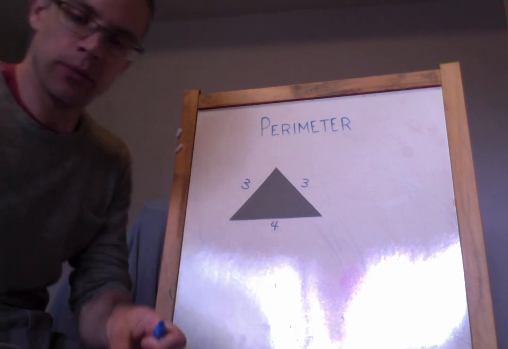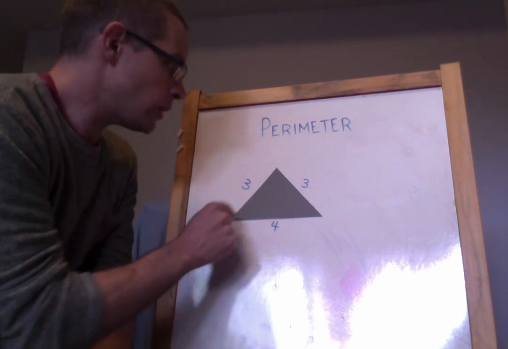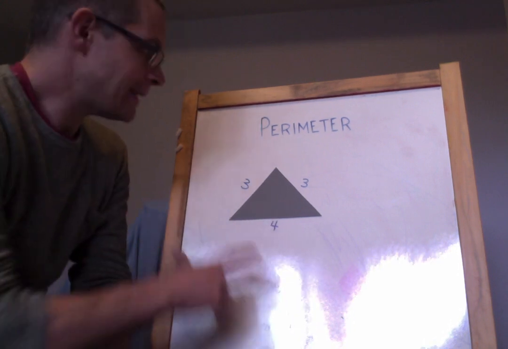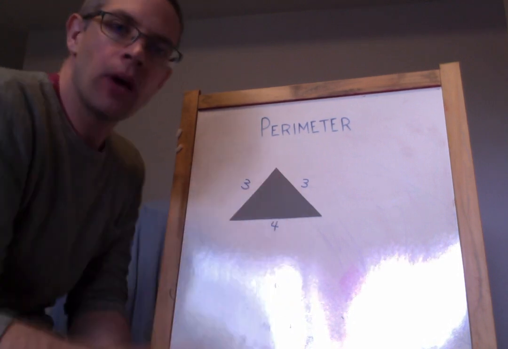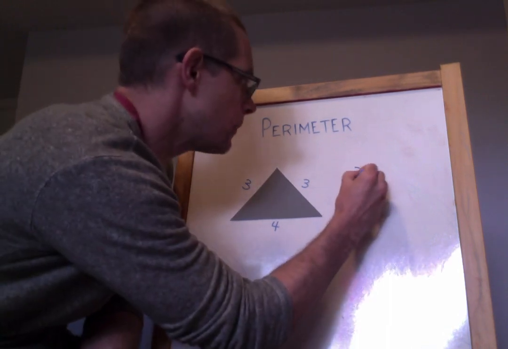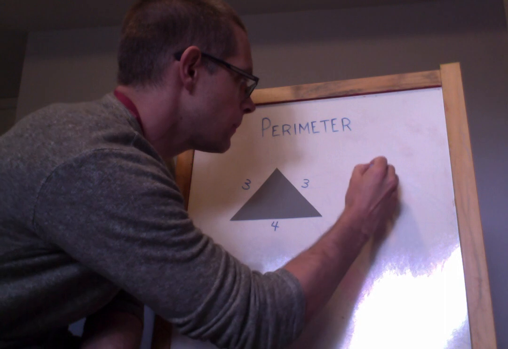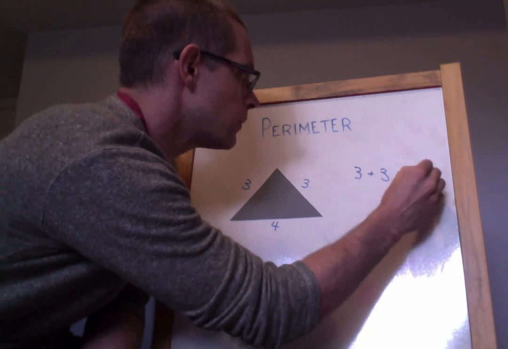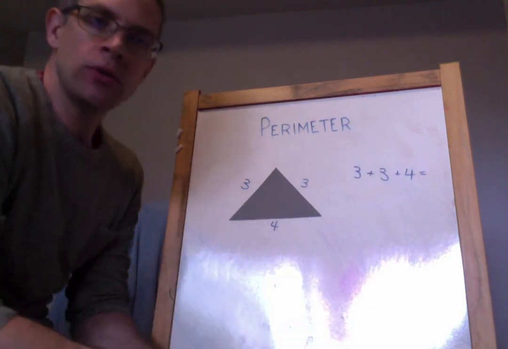So this side is 3 units, this side is 3 units, and this side is 4 units. To calculate the total length, I'm going to add all of those sides together. So I've got 3 plus 3 plus 4. Why don't you tell me what the answer is?